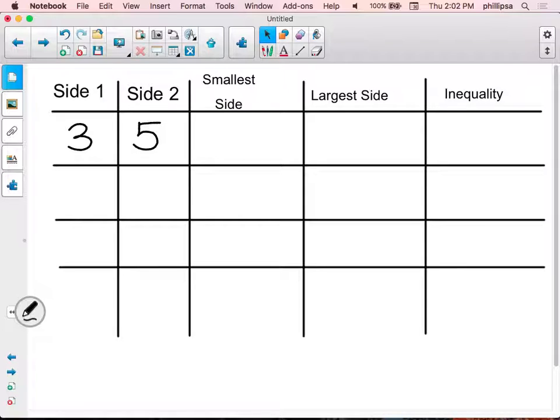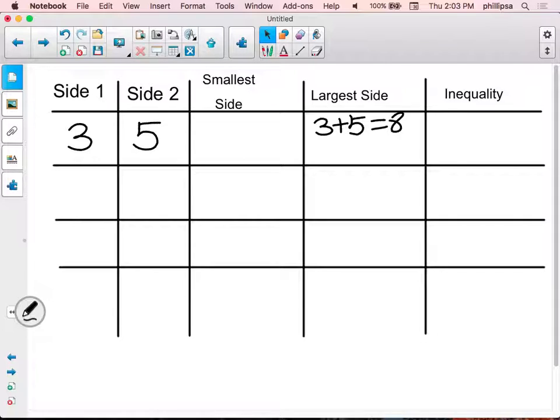So this was the easiest one, right? Saying that 3 and 5 were the 2 smaller sides, right? So we understand from that chart up top that this number 8 has to exceed that third possible side, meaning that third possible side can be anything under 8.